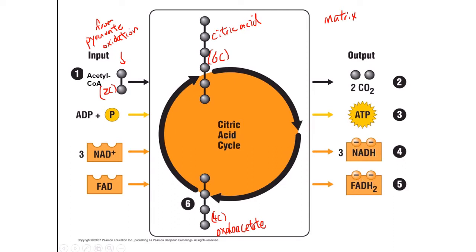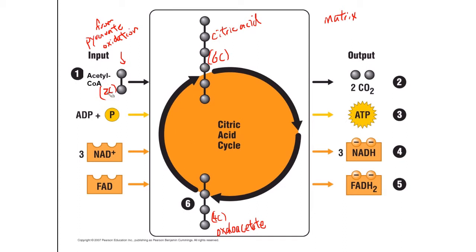FADH2. Okay, so for every glucose that you are going to metabolize, the cycle will spin twice. That's because one glucose will be split into two pyruvate in glycolysis, and then these two pyruvate will each undergo pyruvate oxidation, creating two acetyl-CoA.